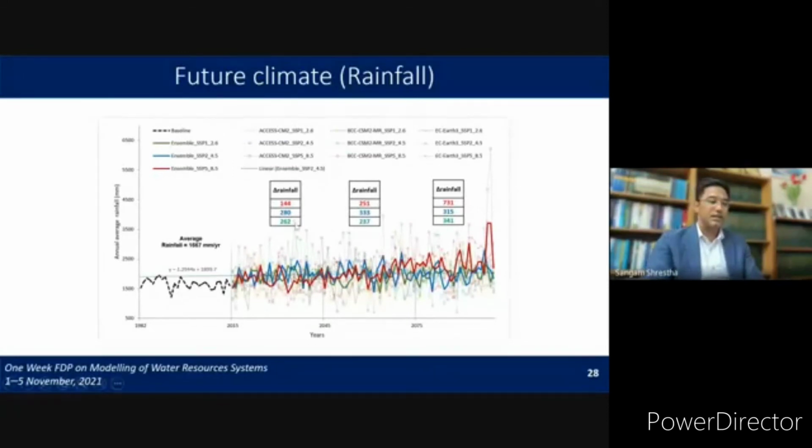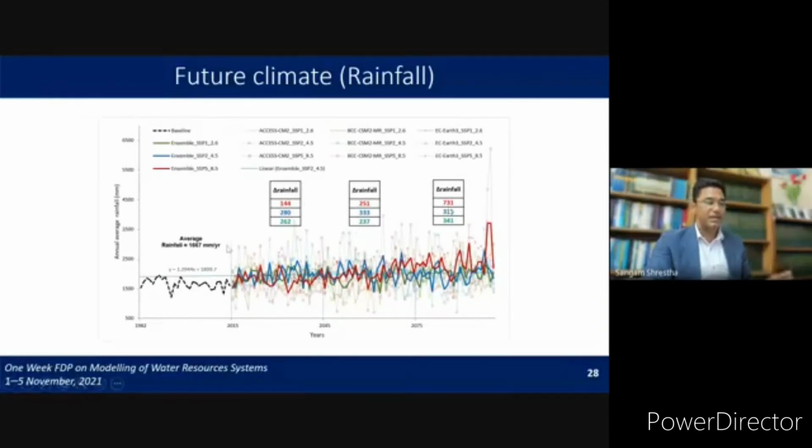Okay, and then the change in the rainfall is also given here. For example, by the end of the century, in the Marshandi River Basin, the rainfall is projected to increase 731 millimeter annually compared to the average annual rainfall now.